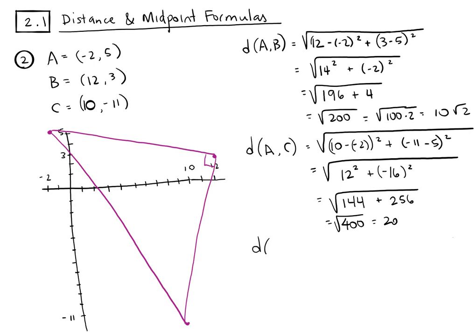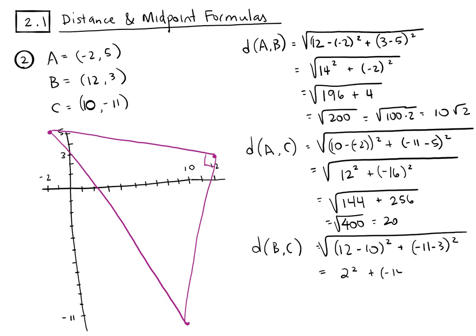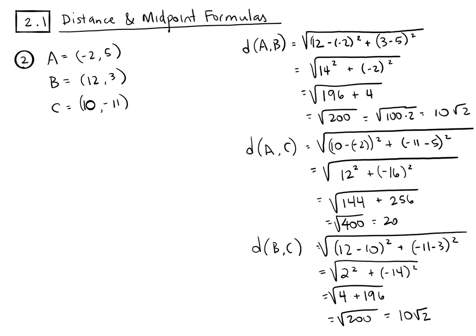And the distance between B and C. To show that this is a right triangle, we will do one of the sides squared plus the other side squared is equal to the third side squared.